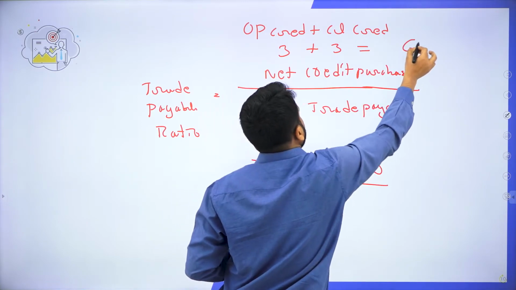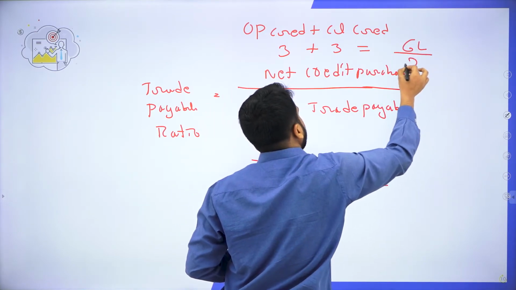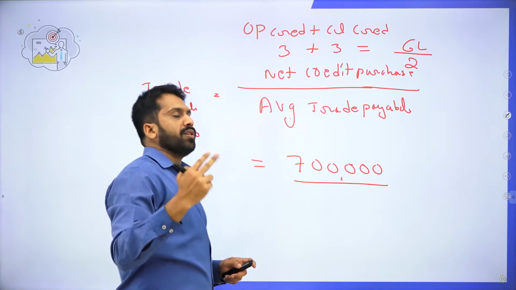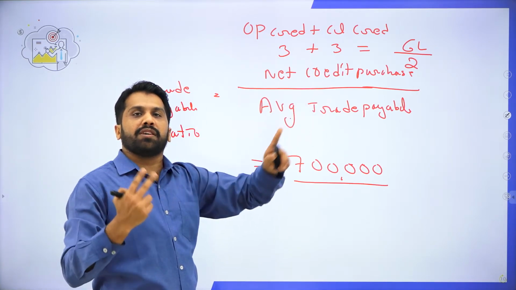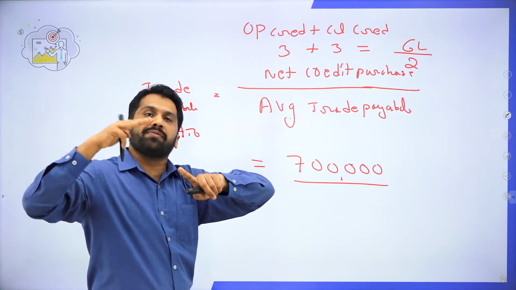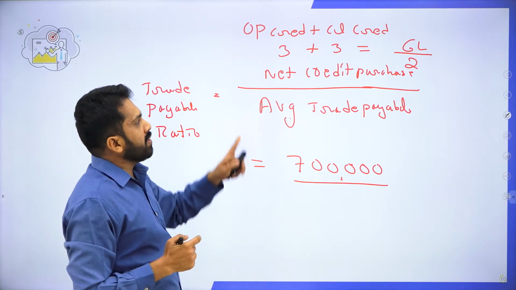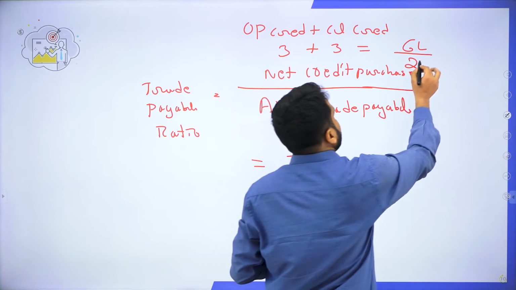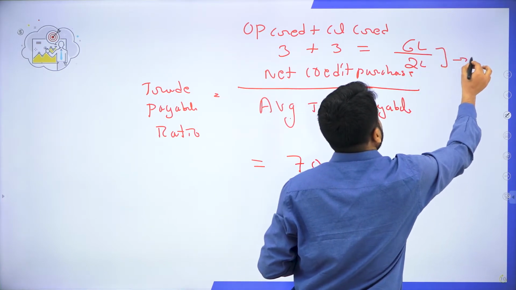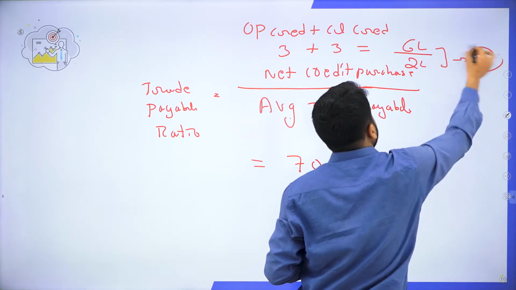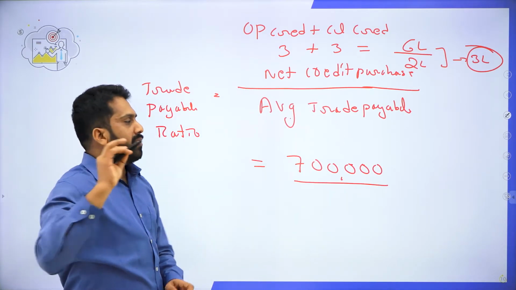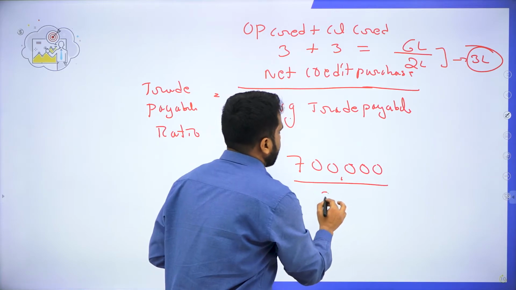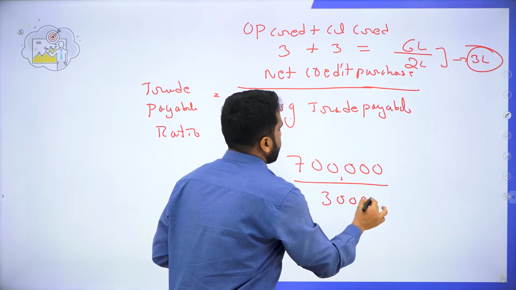Total it is how much? 6 lakh. Average means always it is 2. If you have taken 2 numbers, you have to divide by 2. If you have taken 3 things, then it should be divided by 3. Okay. So average 6 lakh divided by 2, your answer is 3 lakh. Now you got your average trade payable, you can take it as 3 lakh.